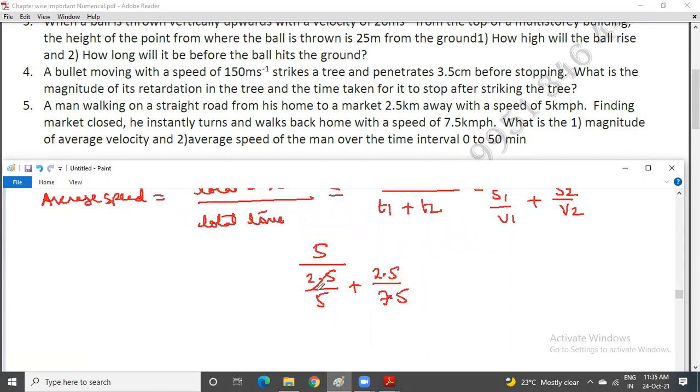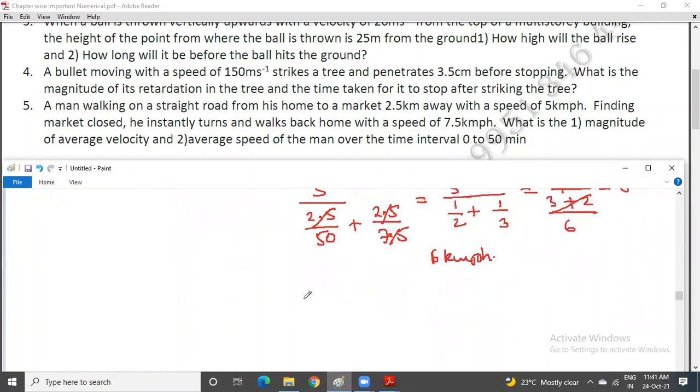So therefore, this is 1 by 2, this is 1 by 3. This is 5 divided by 1 by 2 plus 1 by 3. So LCM will be 6 here. 3 into 1 plus 2 into 1, so 5. This 5 and 5 get cancelled. The answer is 6 kmph.